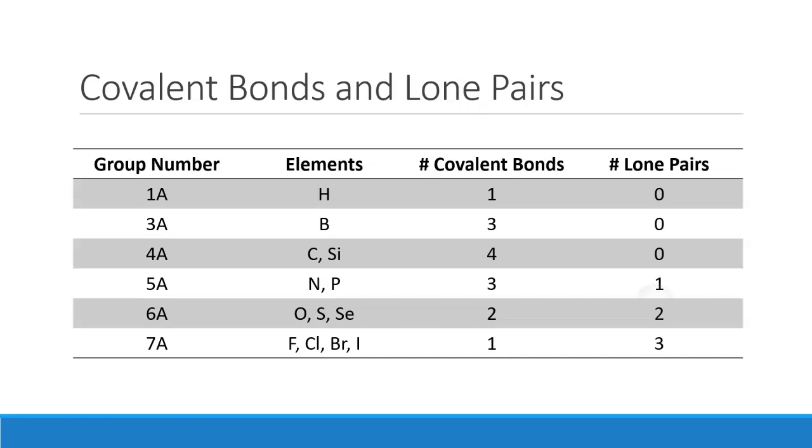And from there, the number of covalent bonds is going to decrease while the number of lone pairs increases as we go across. So 5A would be 3 covalent bonds, 1 lone pair, and then 2 and 2 for 6A, and 1 and 3 for 7A. And if we were to include the noble gases at the bottom, those are going to have 0 covalent bonds and 4 lone pairs. And the reason we don't tend to include those is because they're not going to form covalent bonds, so we don't worry about them too much in our Lewis structures.